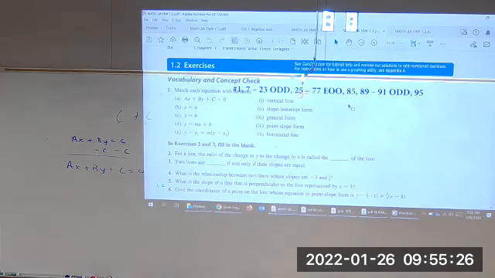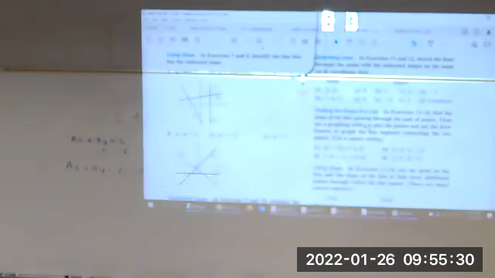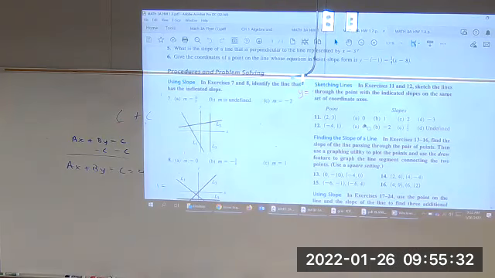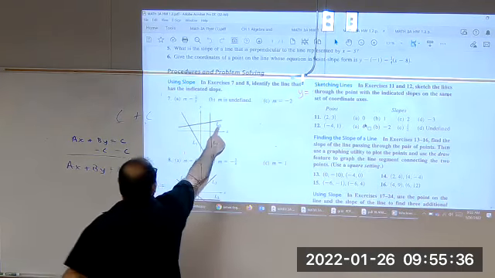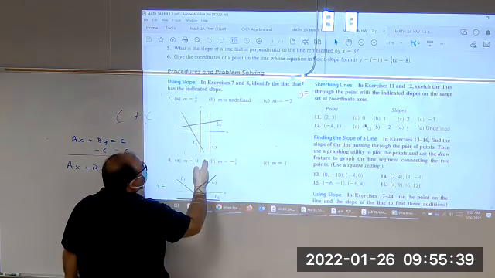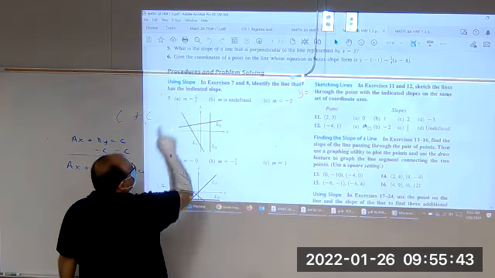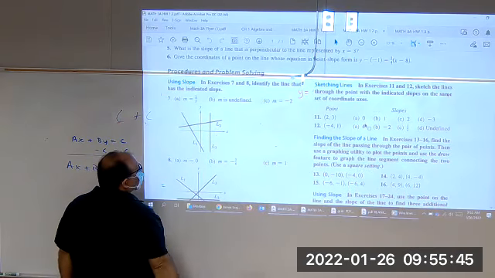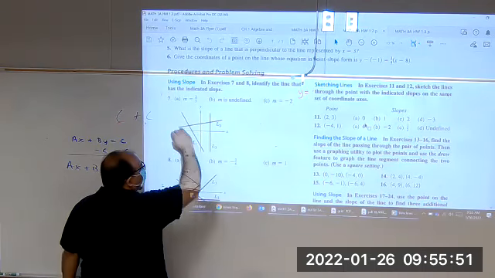All right, so 7 to 23 odd. So number 7, you have 3 different lines. You got line 1, you got line 2 going this way, line 3. Which of those do you think has a positive slope of 2/3? Line 1, line 2, or line 3?